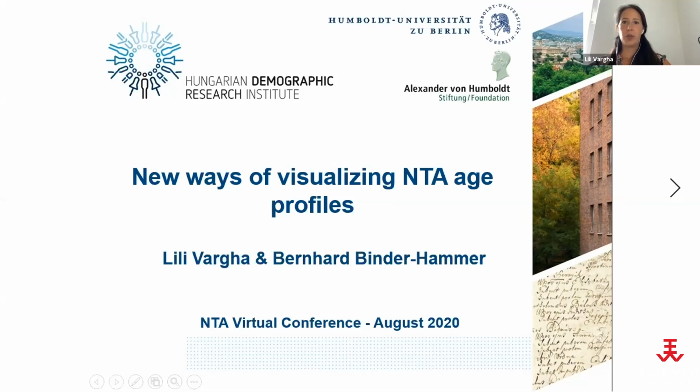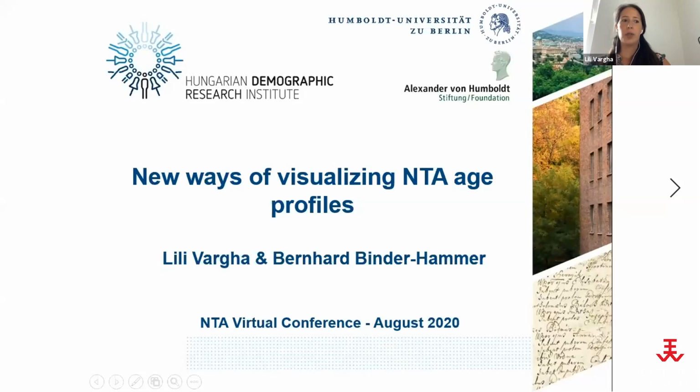Our motivation was very simple: to make some new visualization of NTA age profiles. There are more and more country results now, but usually the cross-country visualizations or figures are not really good at showing the real age-specific differences among the countries.